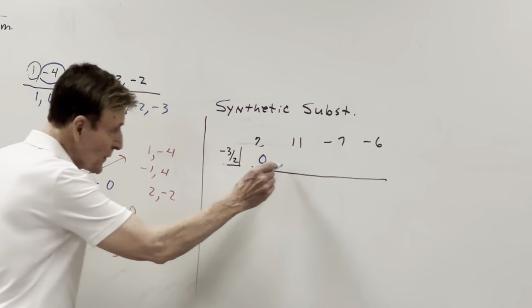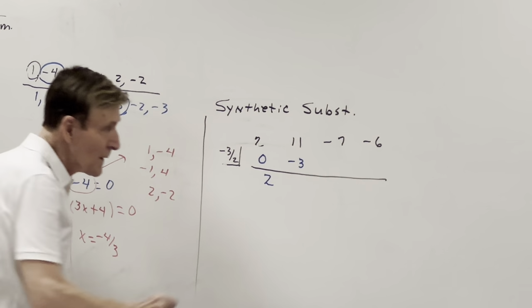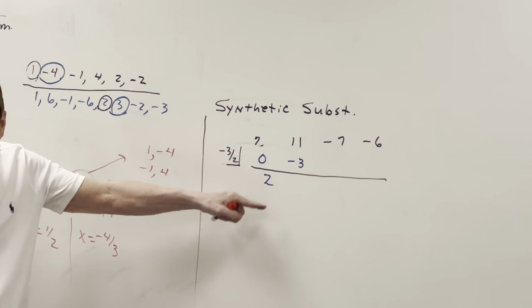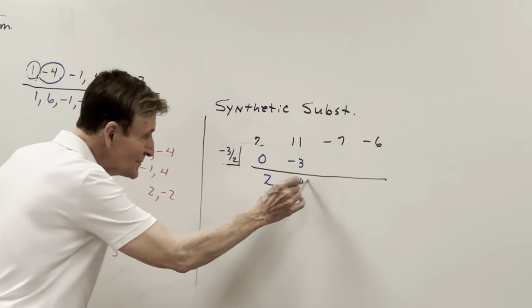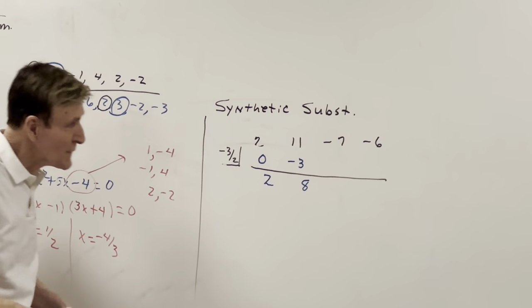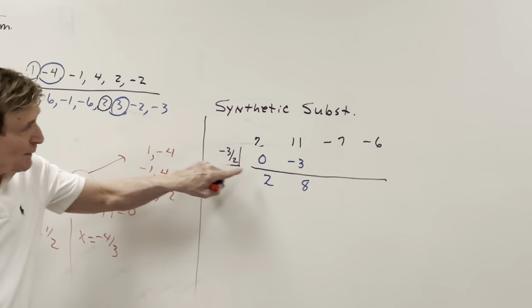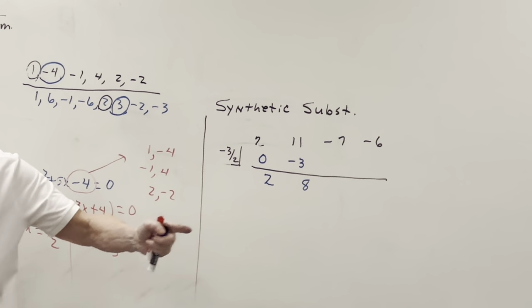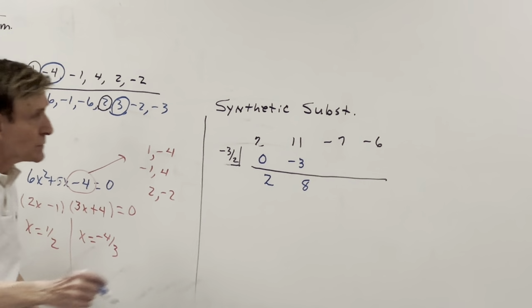That gives me a -3. That goes there. Then you add those 2 up. 11 subtract 3, that's 8. Watch carefully. You take her number times 8. 2 goes in 8 4 times, 4 times 3 is 12, negative 12.